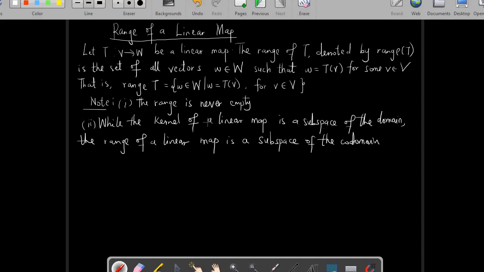Don't forget this. The kernel of a linear map is a subspace of the domain V, while the range of a linear map is a subspace of the codomain W.